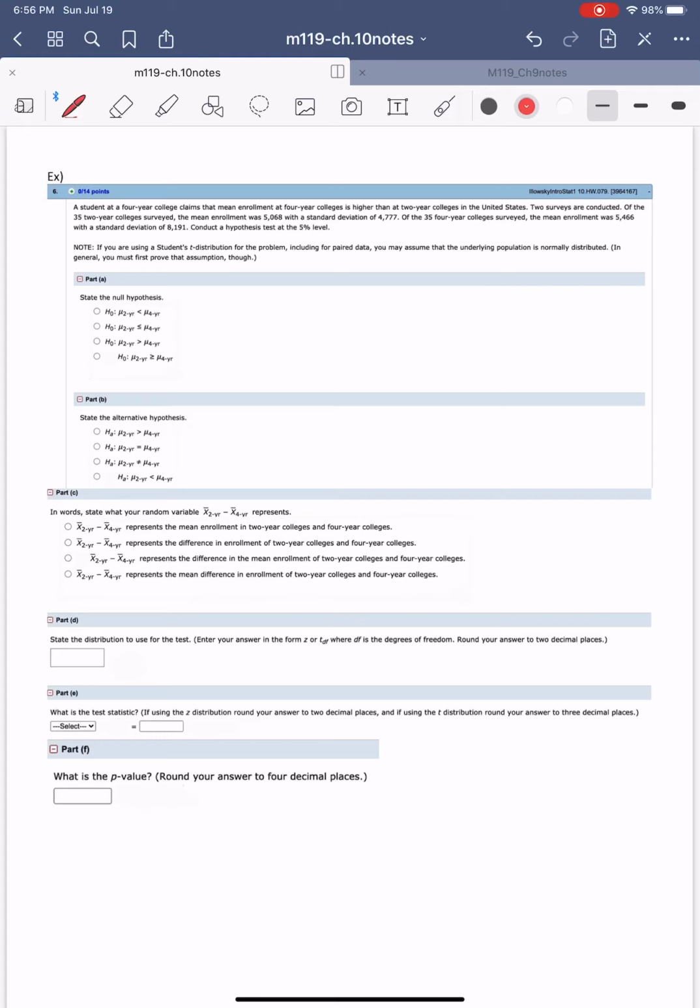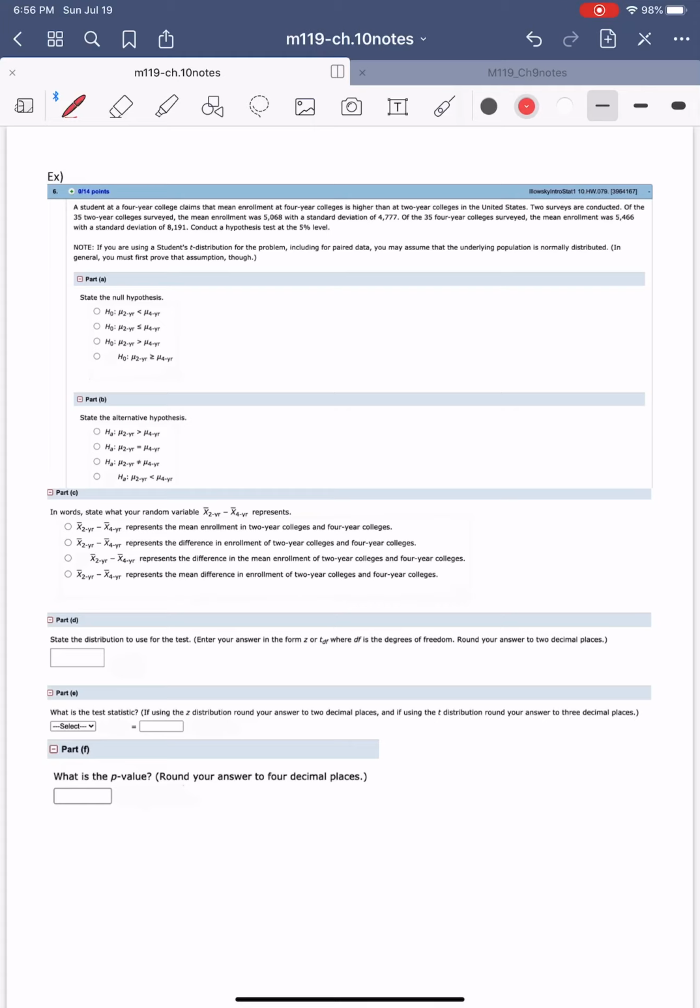Of the 35 two-year colleges surveyed, the mean enrollment was 5,060 with a standard deviation of 4,777. Of the 35 four-year colleges surveyed, the mean enrollment was 5,466 with a standard deviation of 8,191. Conduct the hypothesis test at the 5% level.